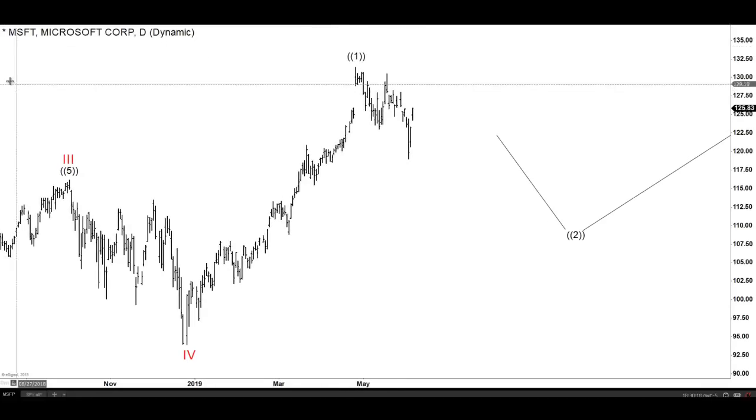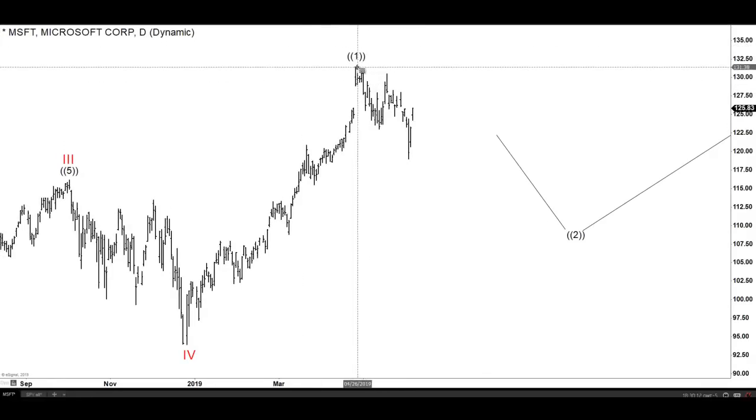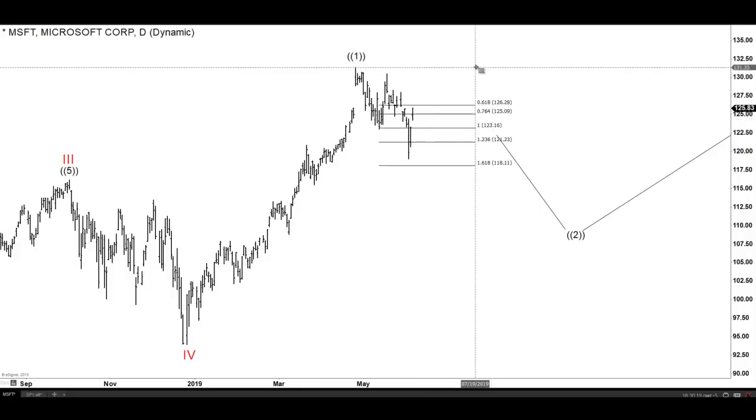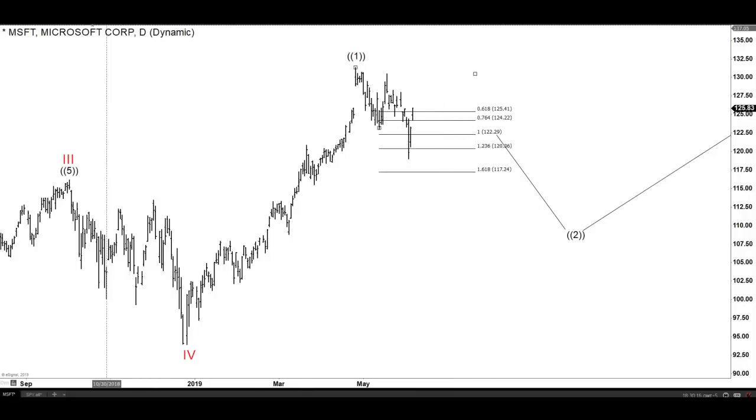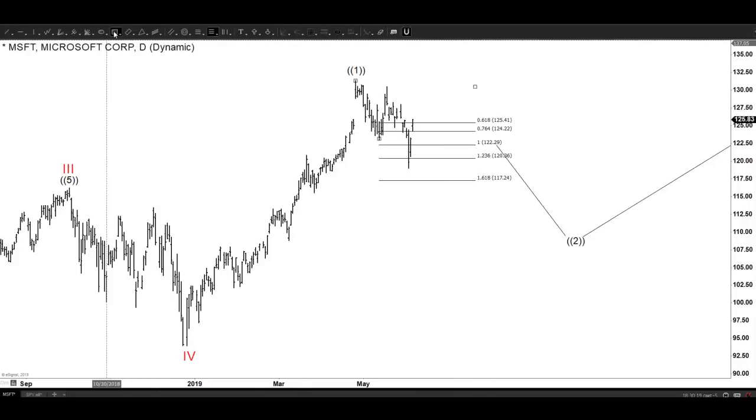After the new all-time highs, Microsoft dropped in 3 waves to our blue box area, which comes over here. Based on the participants across the market, we believe that Microsoft will do something like this.